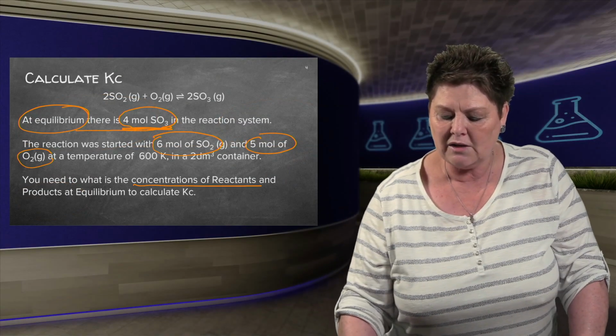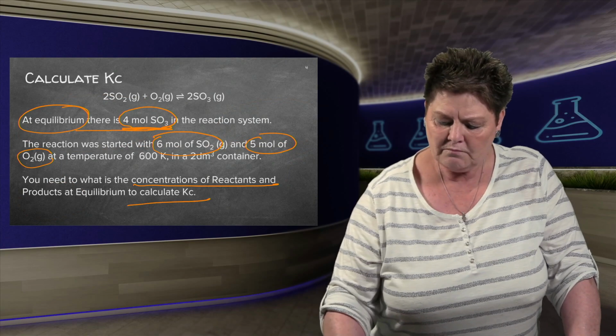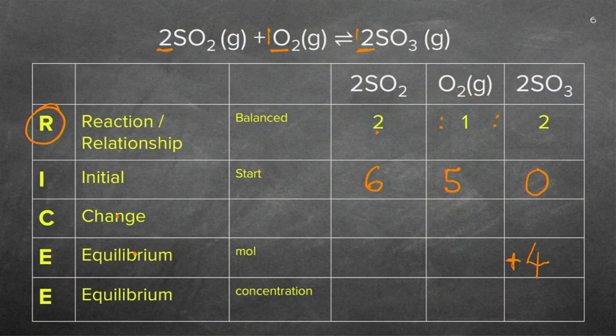They want us to calculate the Kc value. Let's go back to our table. What do we see? If we've got 4 that's being formed here, and this is a relation 2 to 2, I know 4 of this has been used. Can you see there? Now I've got to put it there. It's minus 4. You need to put it in the right column, otherwise you're going to have a problem.